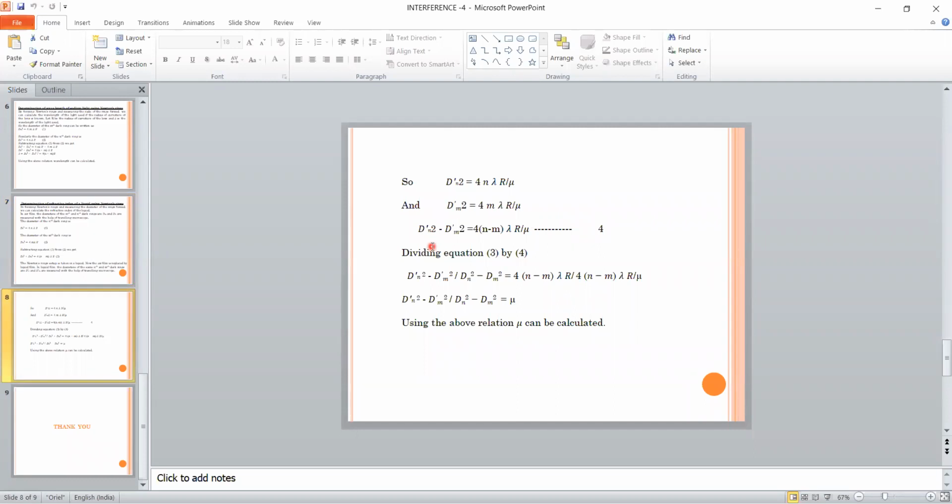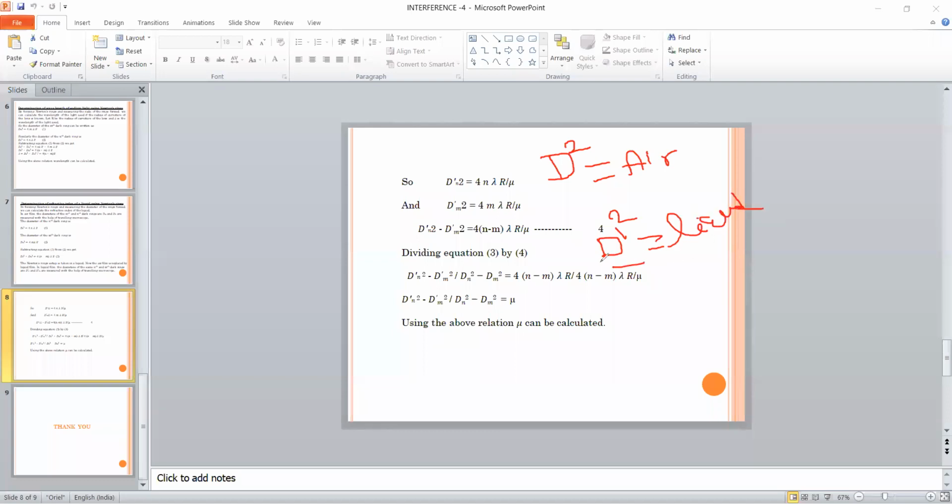To differentiate the diameter of the rings in air film and liquid, here we use D dash square to differentiate the two values. D square is represented for the air film, whereas D dash square is for the liquid.